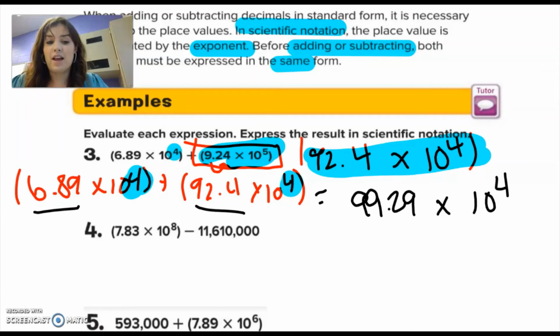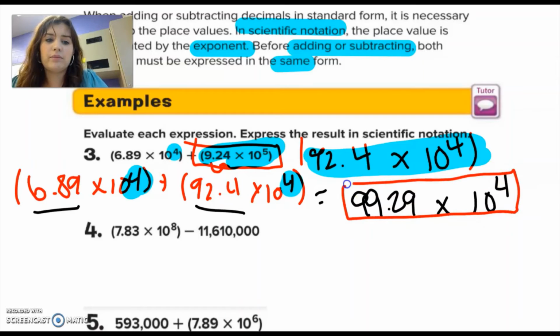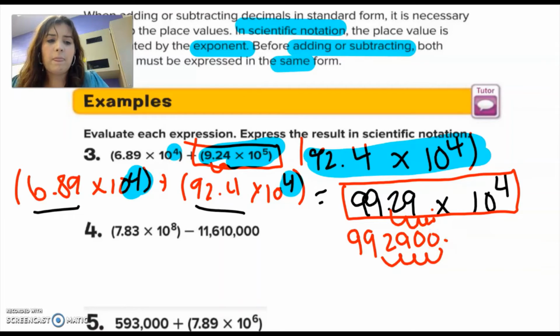Our very last step is we need the correct scientific notation. So I do this in 2 steps. I'm going to write out our answer in standard form. So I'm going to move this decimal right 1, 2, 3, 4 times. So that means it's becoming 992,900.